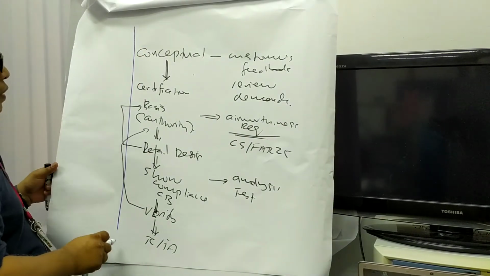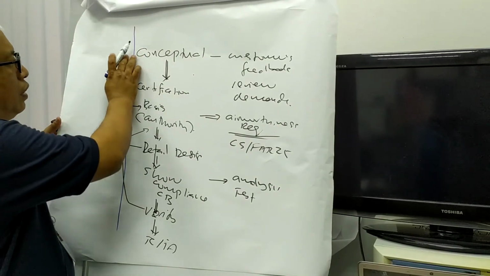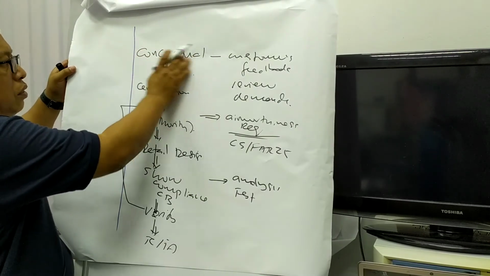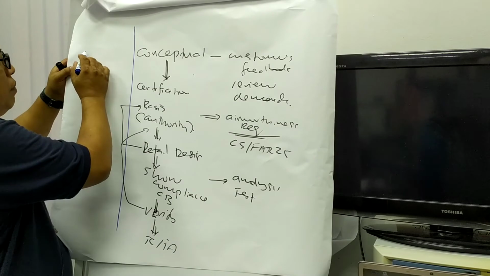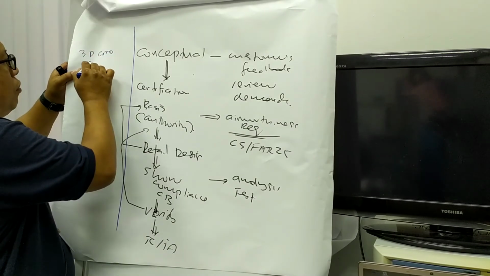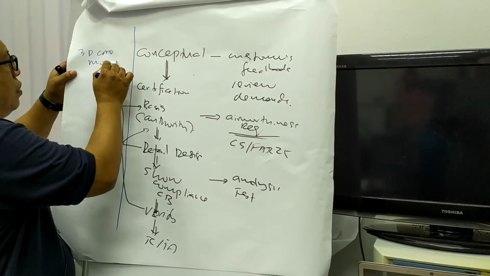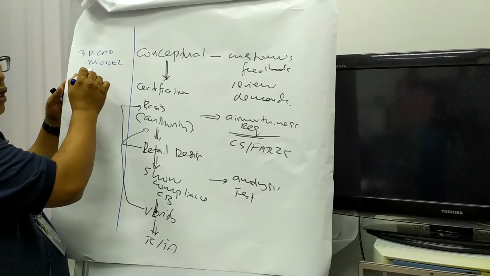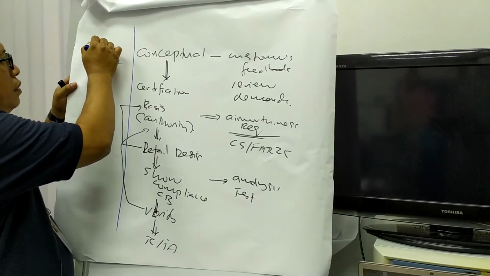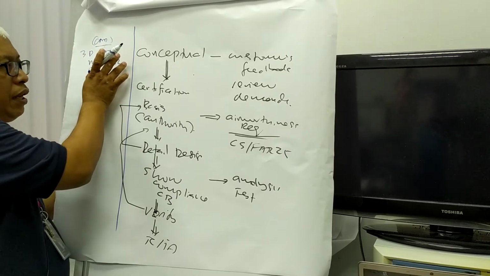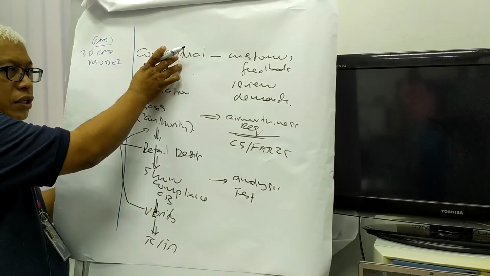Okay, so here you may do conceptual. Conceptual may come in probably as the 3D CAD model. So you could be the CAD engineer, doing the 3D CAD model for the conceptual design.